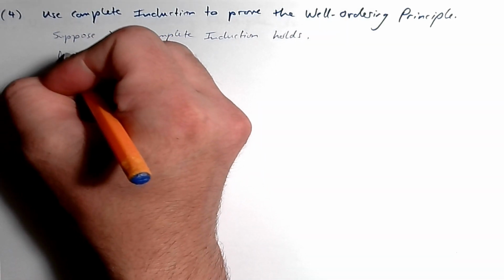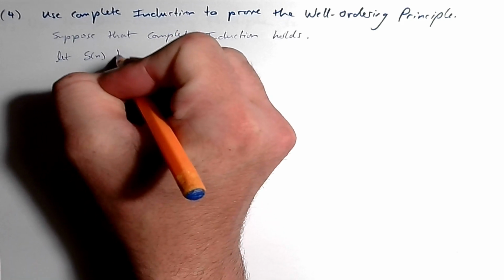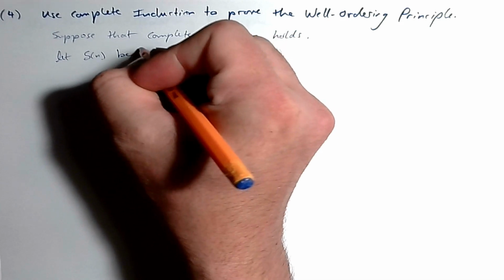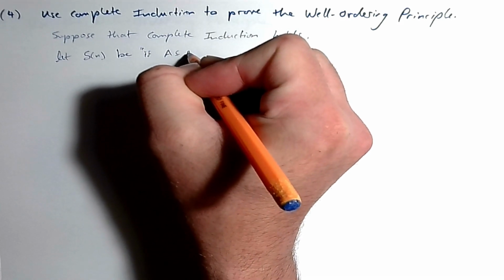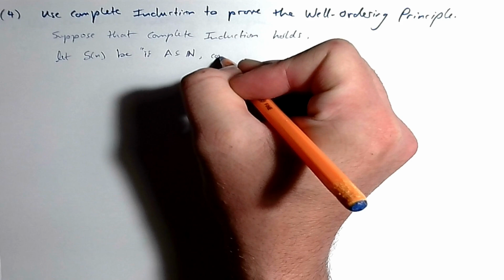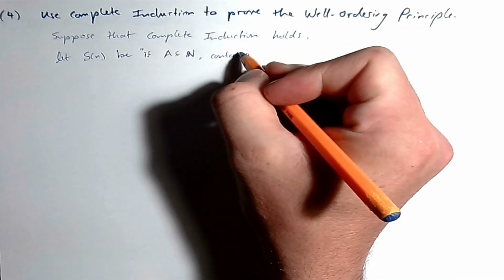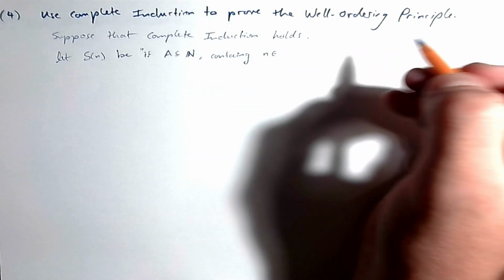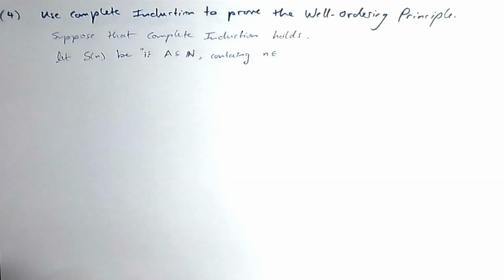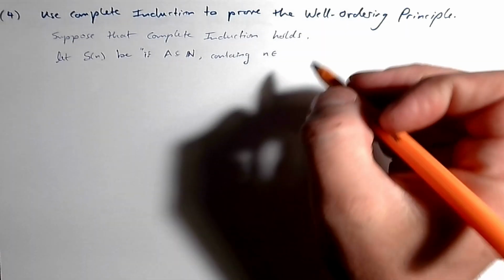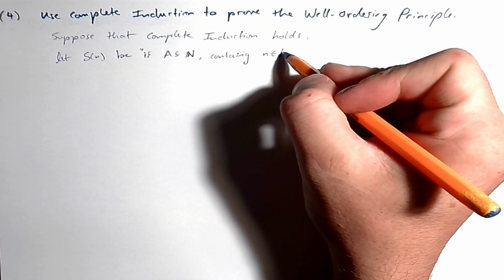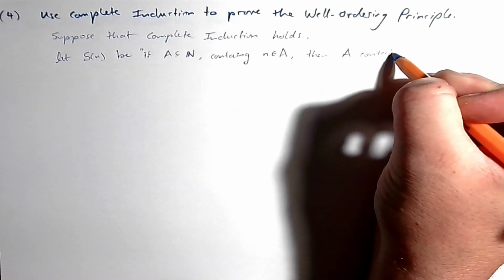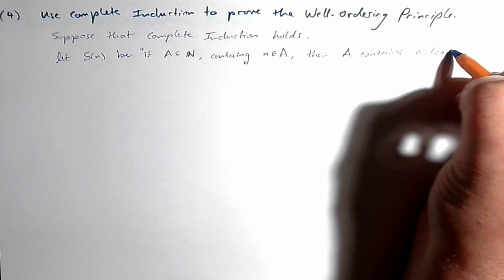Let S of n be the statement that if A is a subset of the naturals containing the value n, our index from the statement over which we predicate, then A contains a least element.